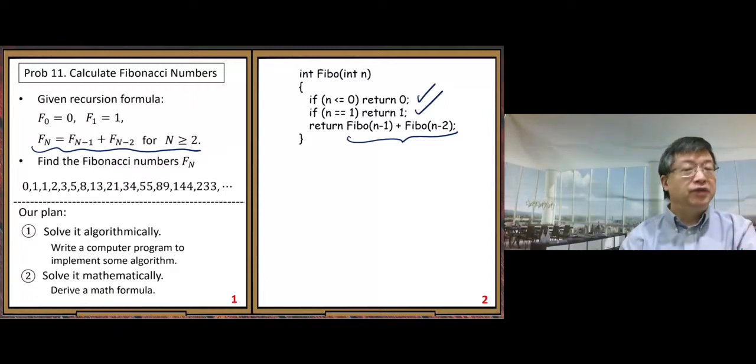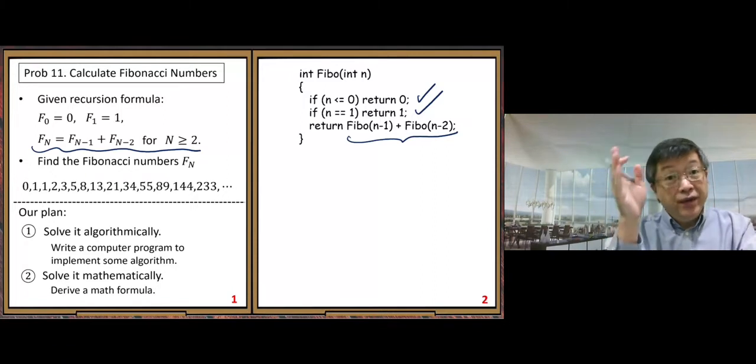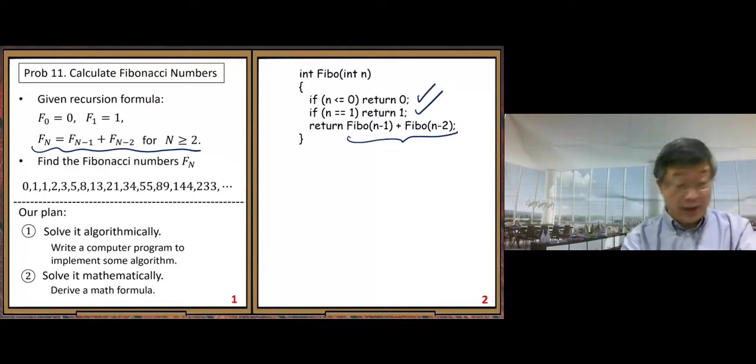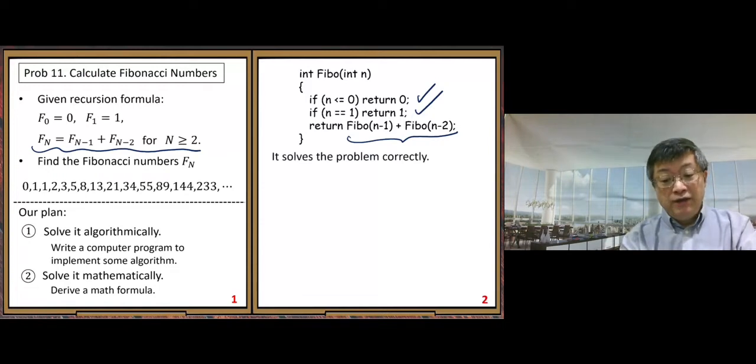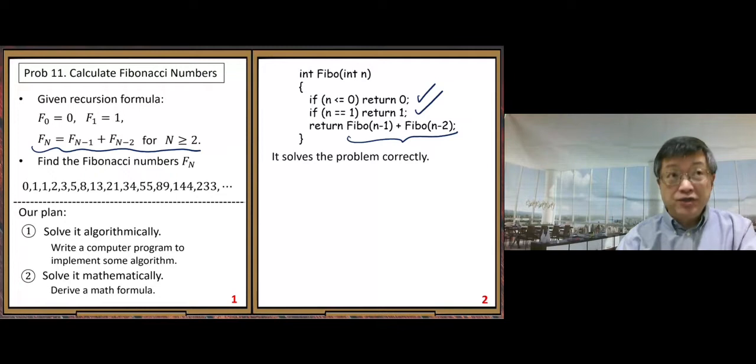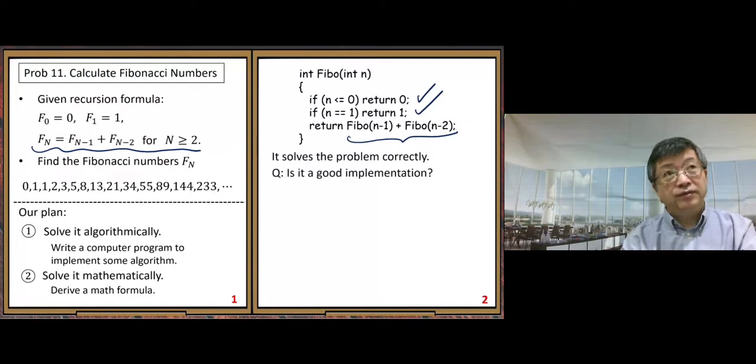After that, we want to know, is this a good solution? How good or how bad is it? First, it solves the problem correctly. It gives us the correct answer. No problem. But the question is, is it a good implementation?